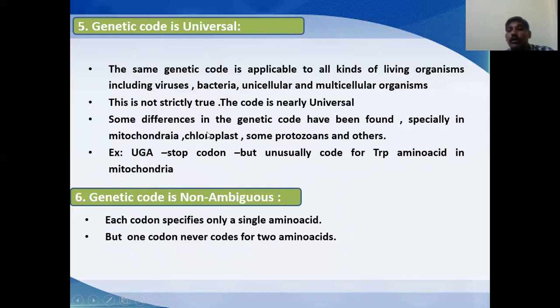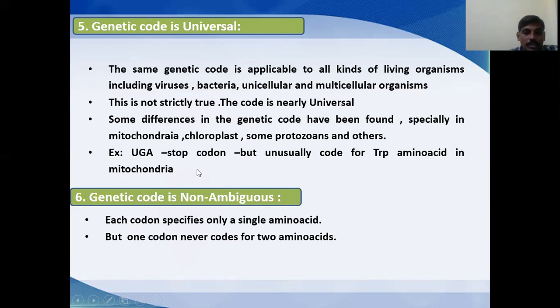So this codon identifies a different amino acid, but normally it helps stop protein synthesis. So the genetic code is universal, but only nearly universal. In every aspect it is not correct, so this is not strictly true.